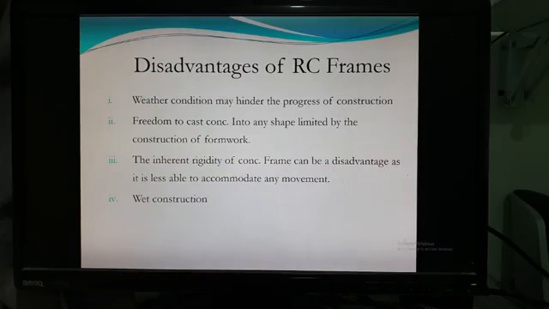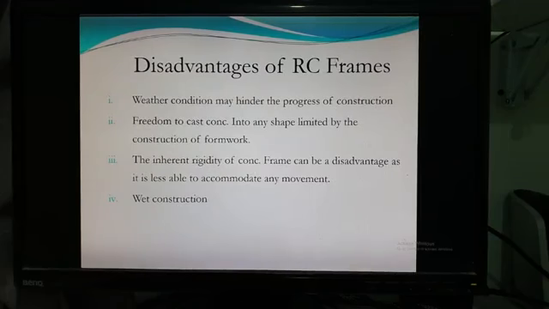It won't entertain any type of movement. So in regard, if there are any massive types of movement, especially horizontal movement, if that movement exceeds the rigidity, the joint might fail.